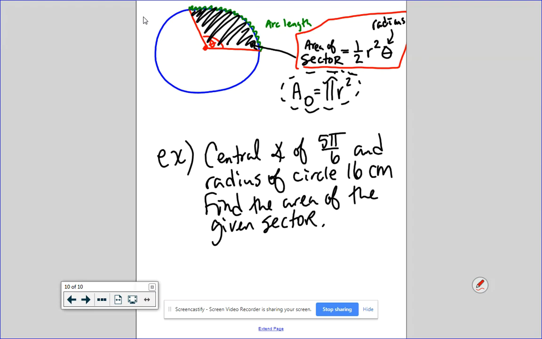And you will want a calculator for this. Also think about your unit, what that should look like. Centimeters, but it's area, so.